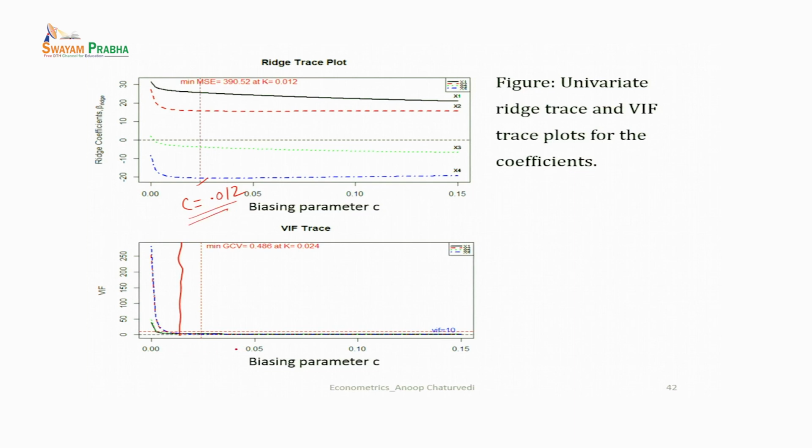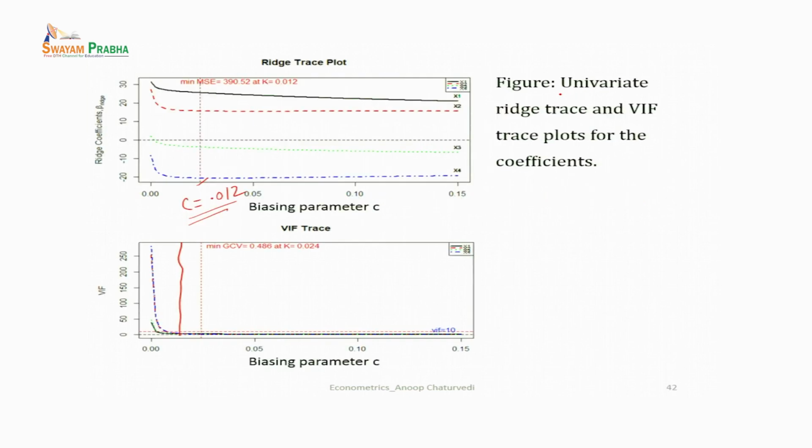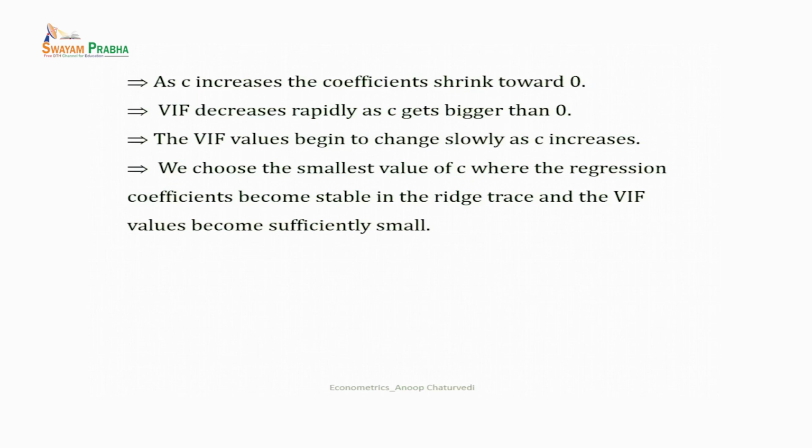In these graphs we observe that as c increases, the coefficients shrink towards 0. You observe from here, all the coefficients shrink towards 0 as c increases. Then VIF also decreases rapidly as c gets bigger than 0.